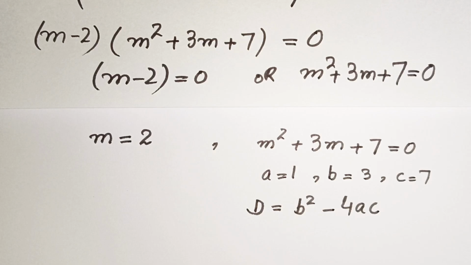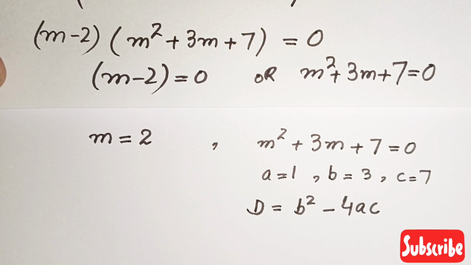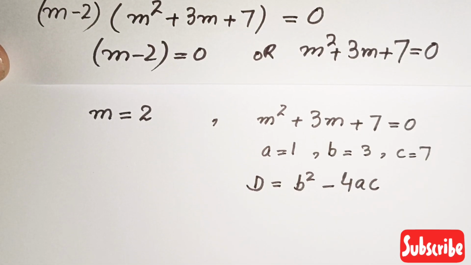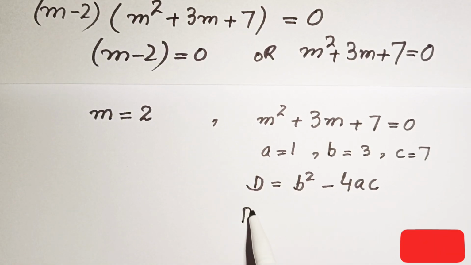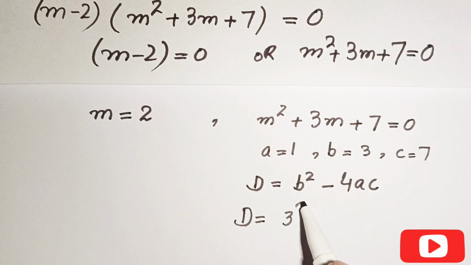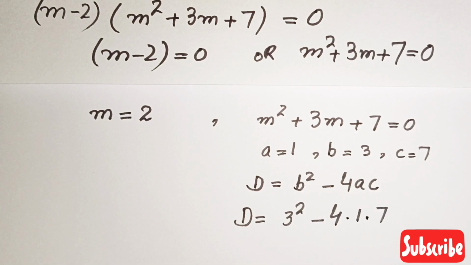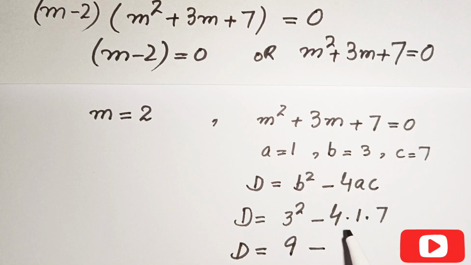Now we have to see what the discriminant will be. If it is less than 0, then we get complex numbers, and if it is not less than 0, then we get real solutions. So discriminant is equal to b, which is 3, squared, minus 4 times a, which is 1, times c, which is 7. So the discriminant is equal to 3 squared, which is 9, and 4 times 7 is 28, so minus 28.